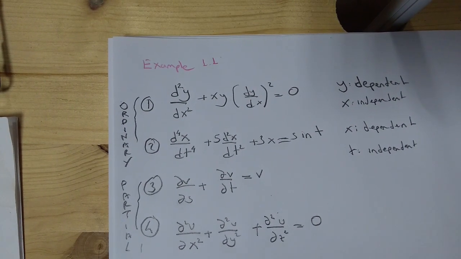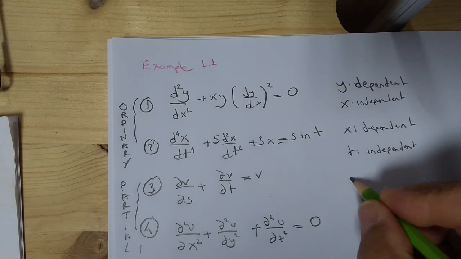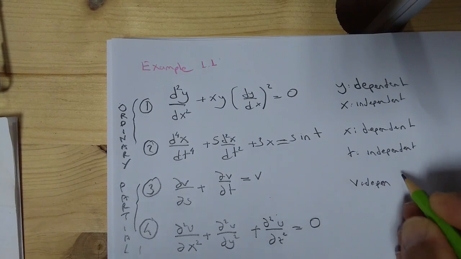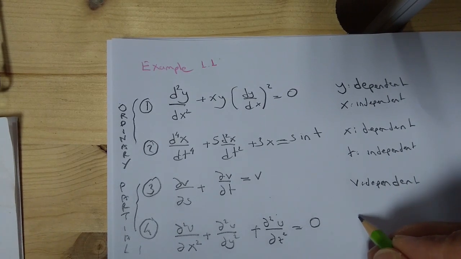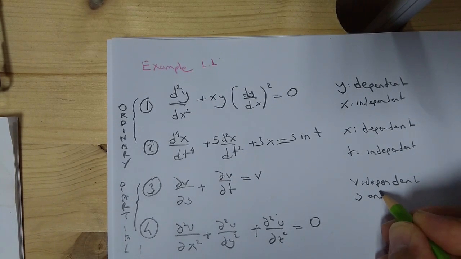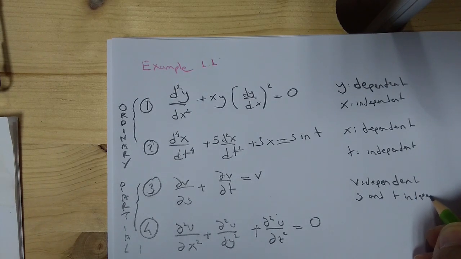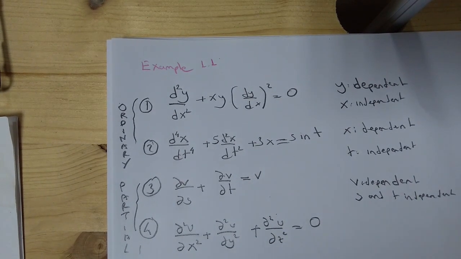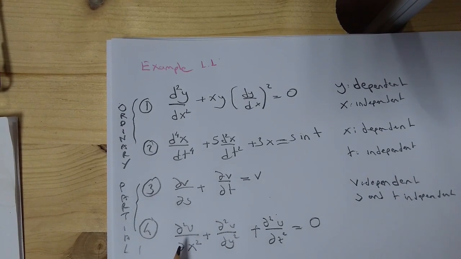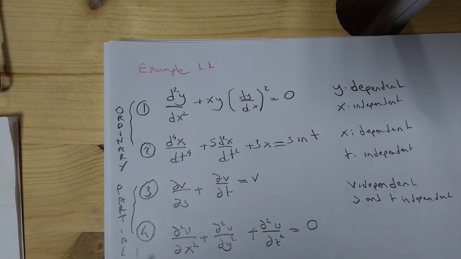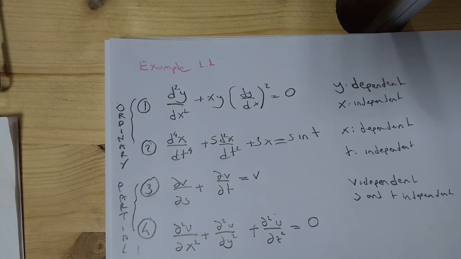In this equation, v is dependent, and s and t are independent. Here u depends on three independent variables x, y, z. So this is a partial differential equation.